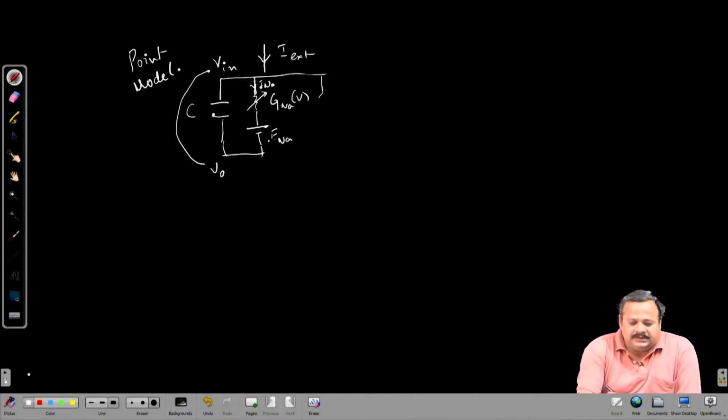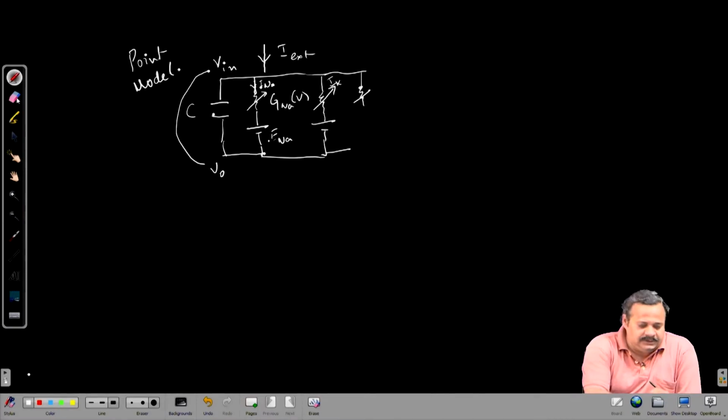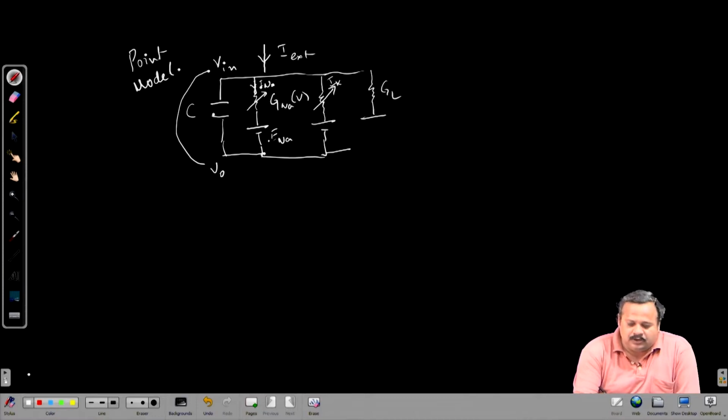Similarly, for the potassium branch, we are assuming only one type of sodium channel and one type of potassium channel, which describes the Hodgkin-Huxley equations and is adequate to explain the spiking behavior of neurons. This is passive, the G leak and corresponding E leak, and this is our EK.